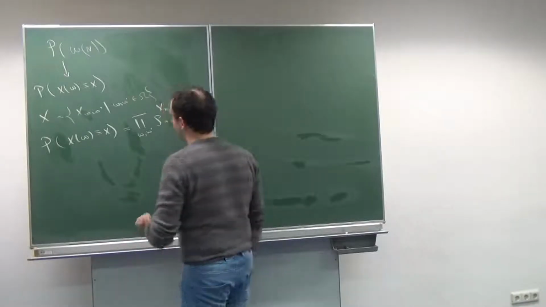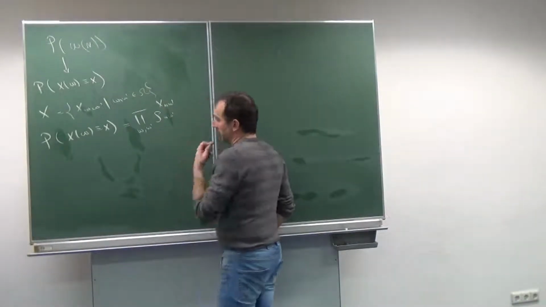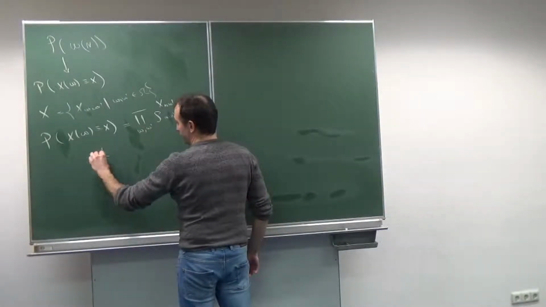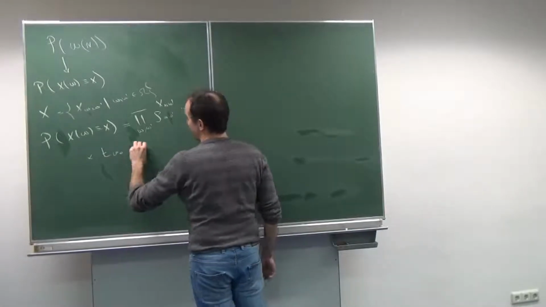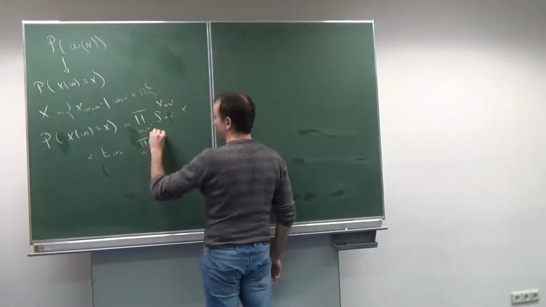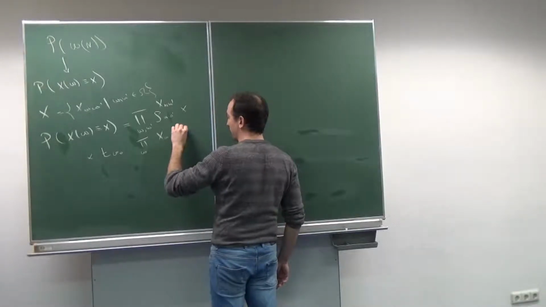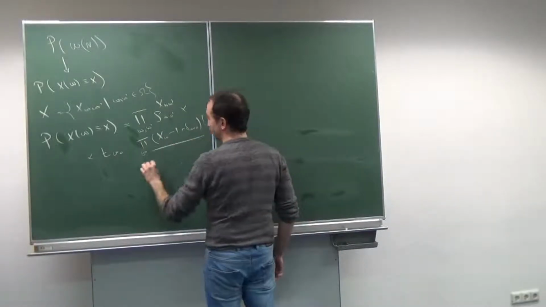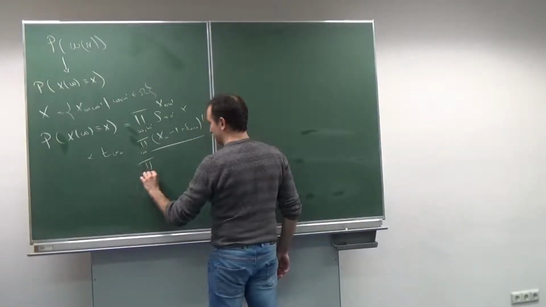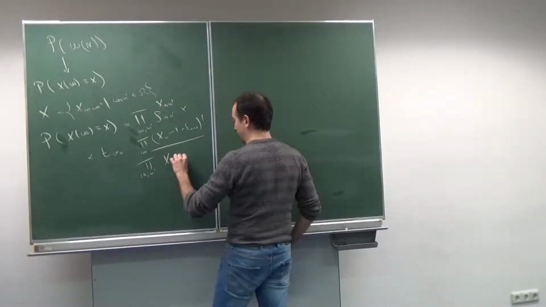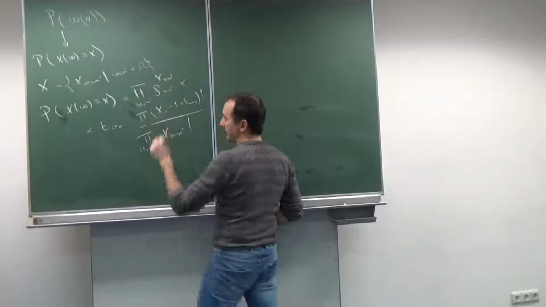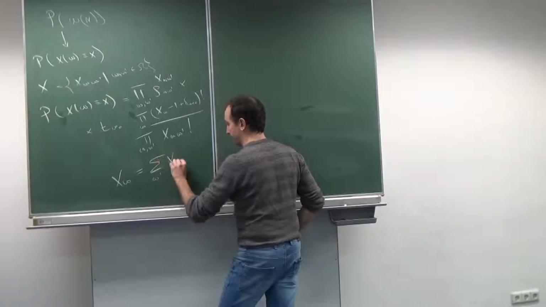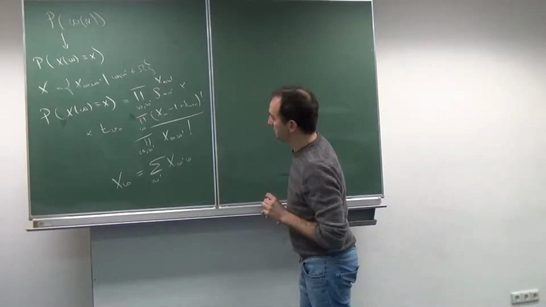So this is a combinatorial factor, and we calculated it. It was given by t omega 0, times the product of x omega minus 1 plus delta omega omega 0 factorial, over the product over any two states of x omega omega prime factorial, where x omega is just the sum over omega prime of x omega prime omega.